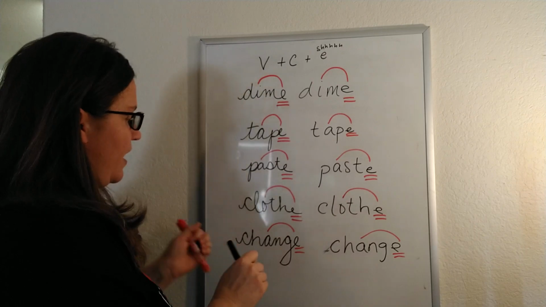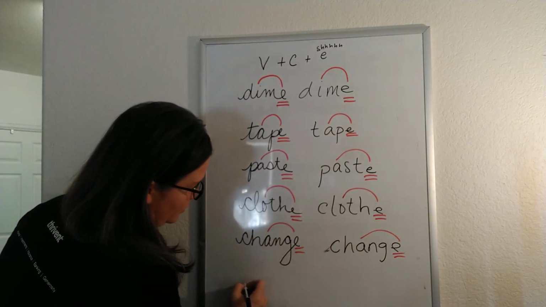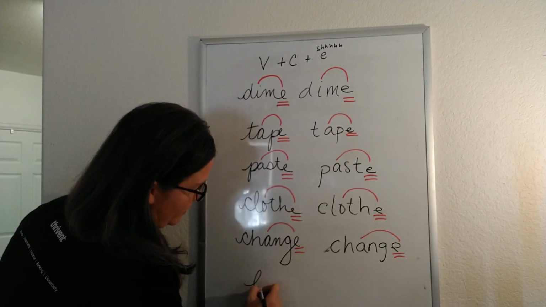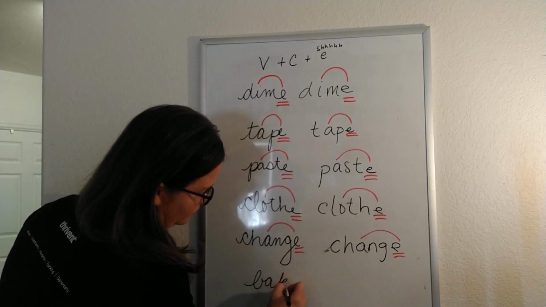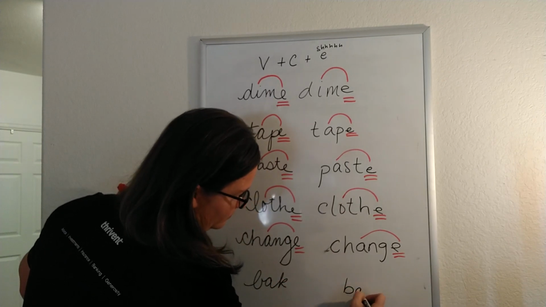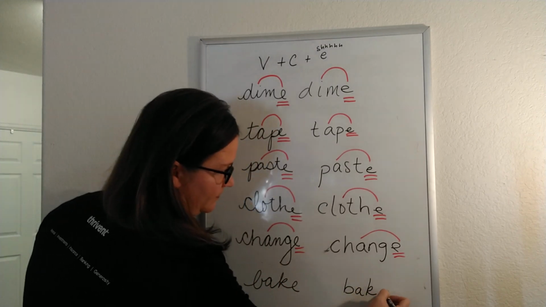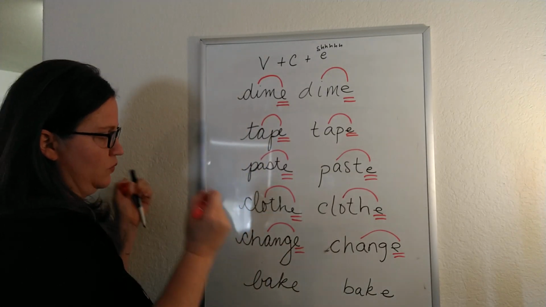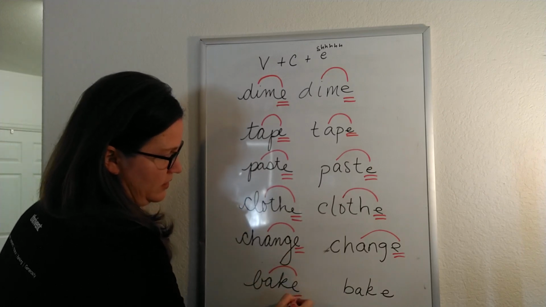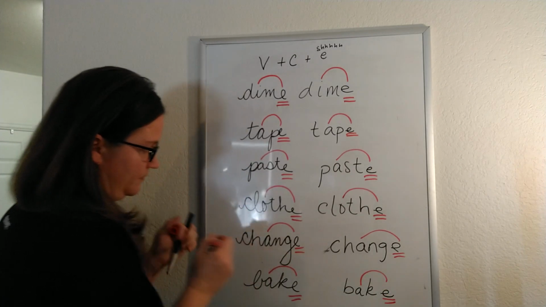Okay, I'm going to make some cookies, but I put them in the oven. I'm going to... bake. That just looks like back. Yeah, I'm going to bake them. And then, what is the rule? The E changes the vowel sound. Right.